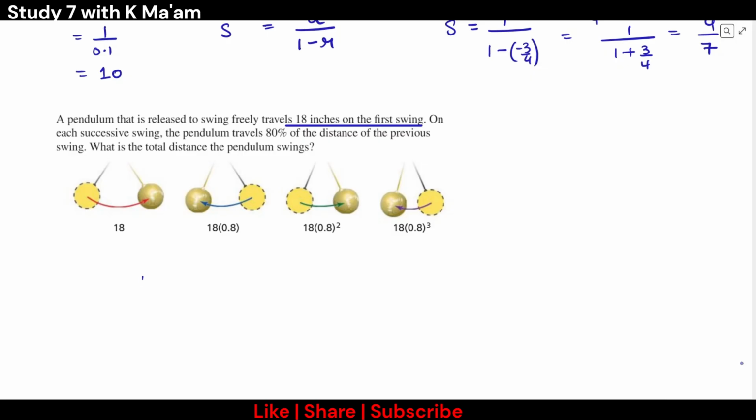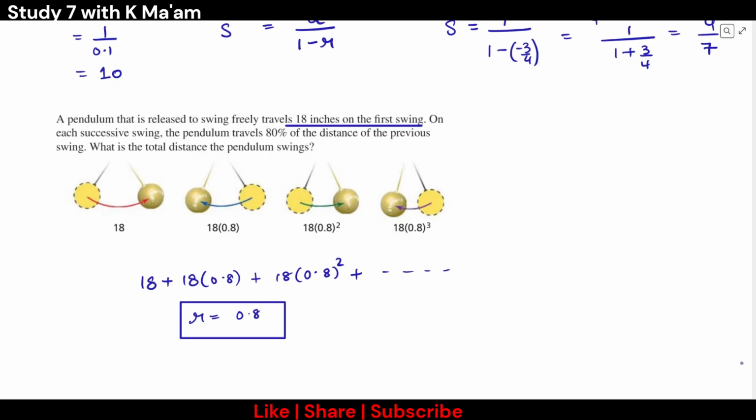So the first term is 18. Next is 18 times 0.8, then 18 times 0.8 squared, and so on. So you can find the ratio is 0.8. The first term is 18, so the sum will be 18 over 1 minus r.